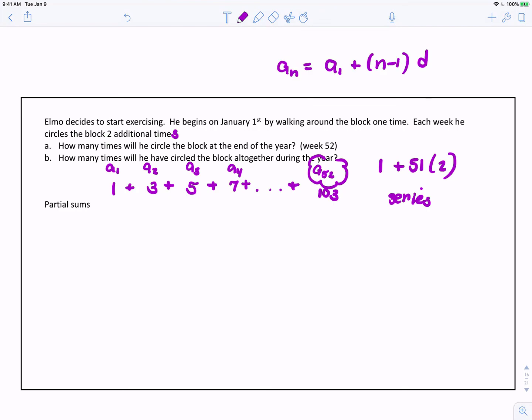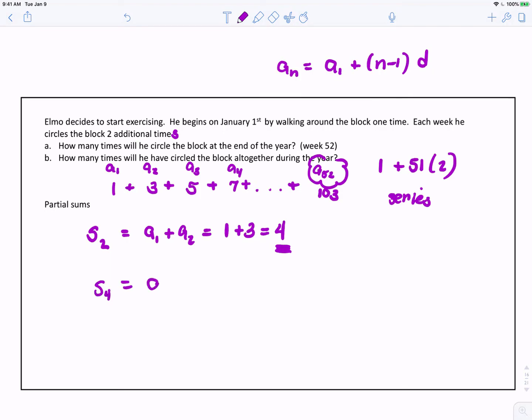Now, an arithmetic series can have what we call partial sums. So for example, when we write S sub 2, what that means is take the first 2 terms and add them together. So S sub 2 would be equal to 1 plus 3, or in other words, 4. So the second partial sum is equal to 4. Let's do another one. S sub 4.